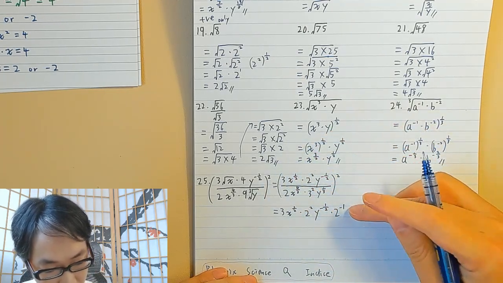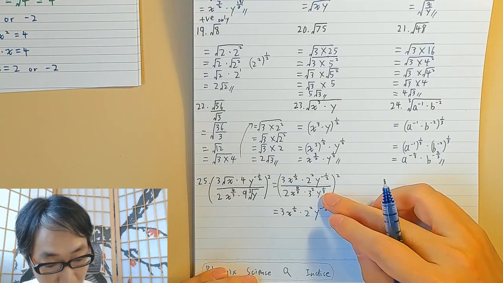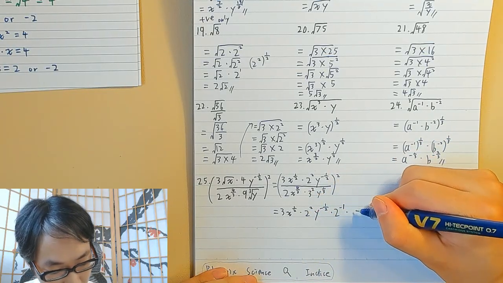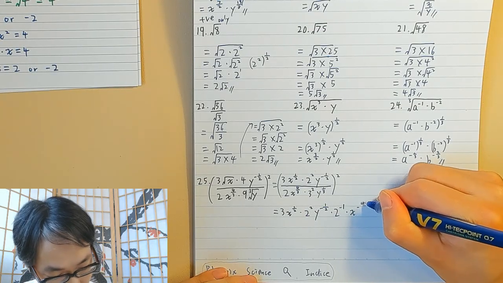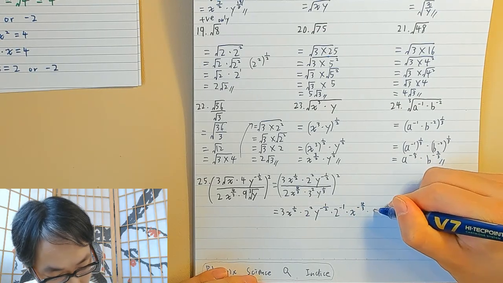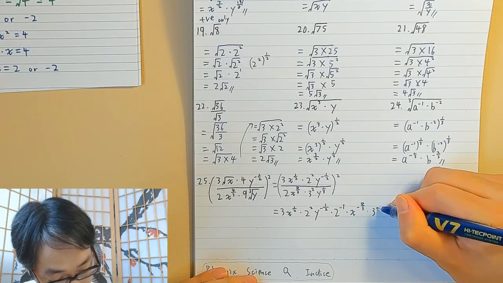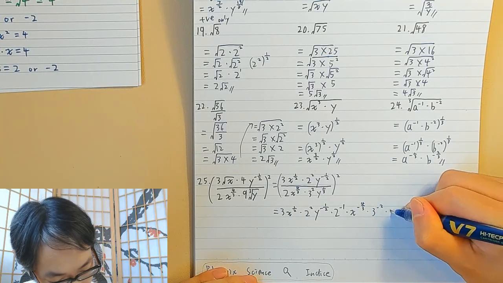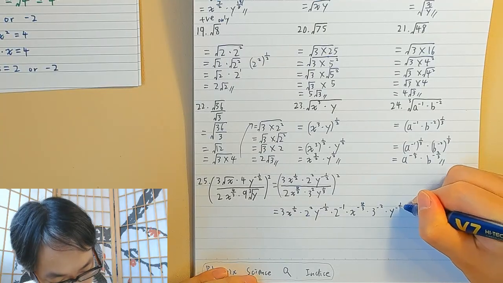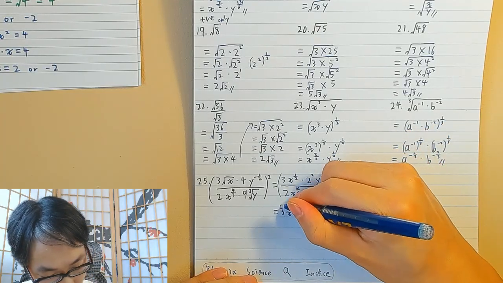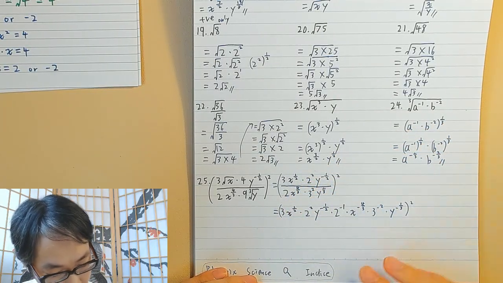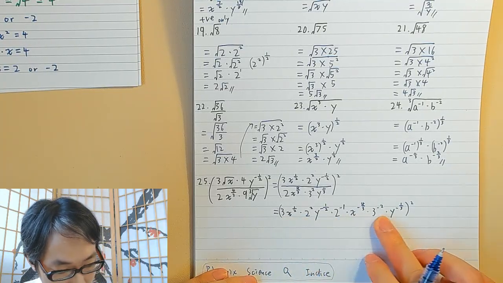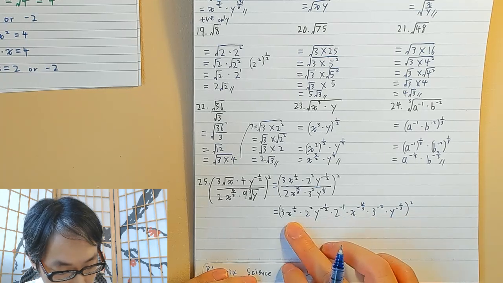There's a 1 here, and then I move it from the denominator to the numerator, so there's a negative 1 here, times x to the power of negative 4 over 3 times 3 to the power of negative 2 times y to the power of negative 1 over 3. The whole thing is squared. Okay. Then we connect like terms.